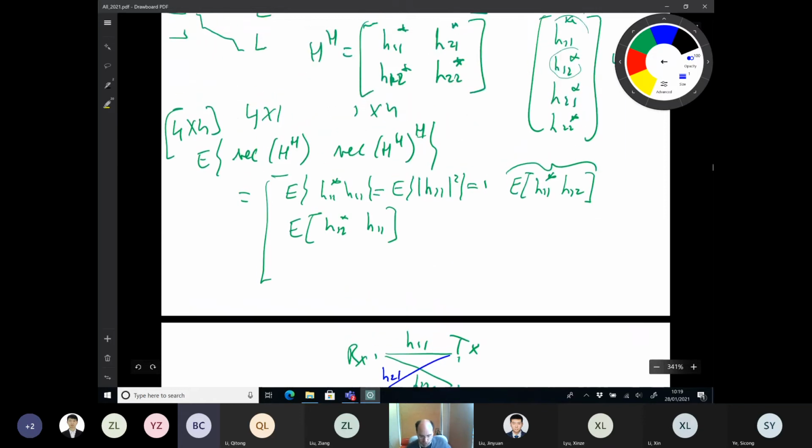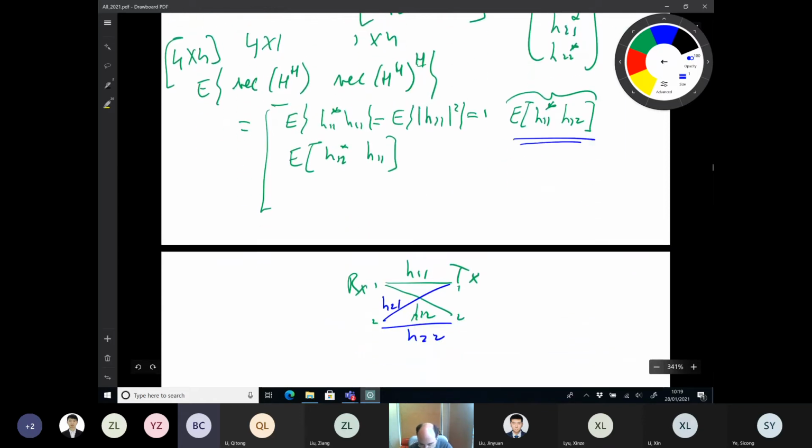Okay, so now I'm looking at H11 with H12. I'm looking at this one with H12, which is this one. So I'm looking at the same receive antenna. The first index is 1.